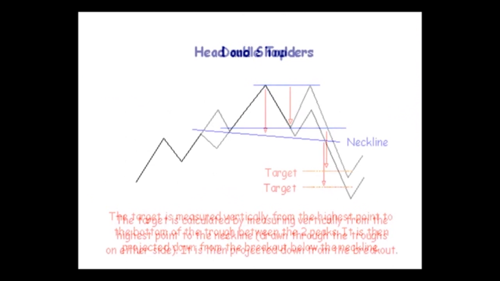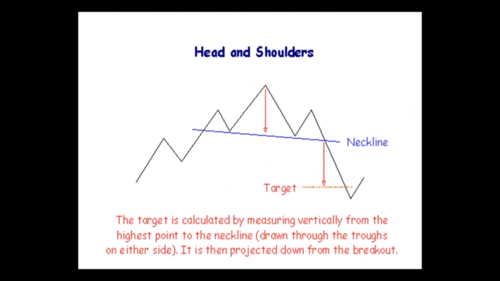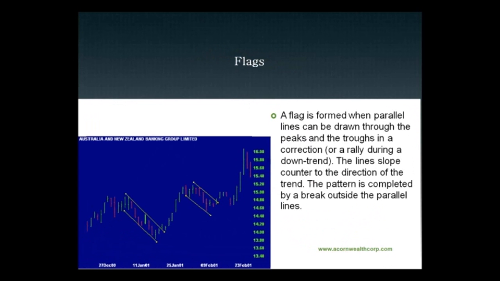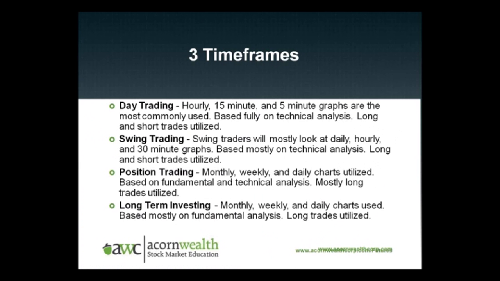So I'm just cycling through again these types of patterns that I like to focus on. The head and shoulders, fallen angels, pennants, flags. Flags are fantastic. Big breakout moves. And then the time frames that you then want to use to confirm these patterns when you find them.